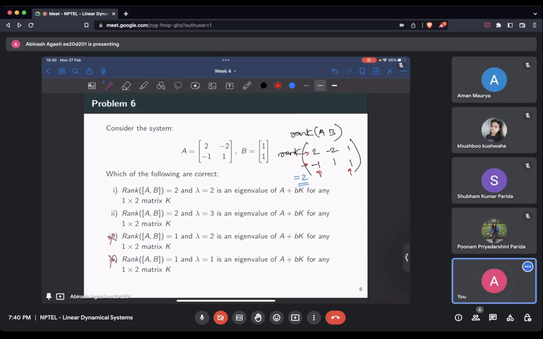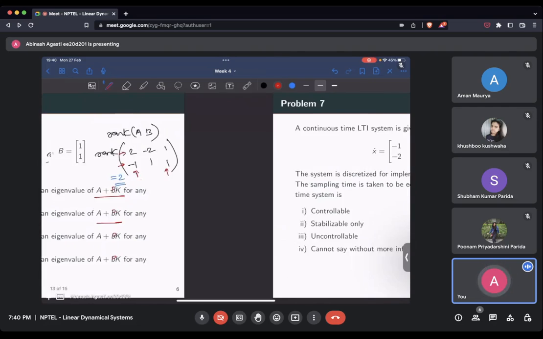Then we have to find out what is an eigenvalue for A plus BK. This is capital B. What is it for any 1 cross 2 matrix K?